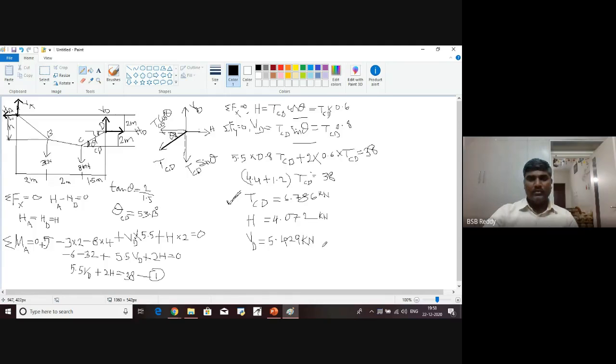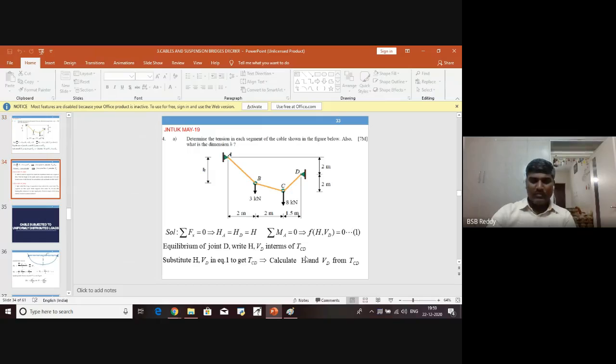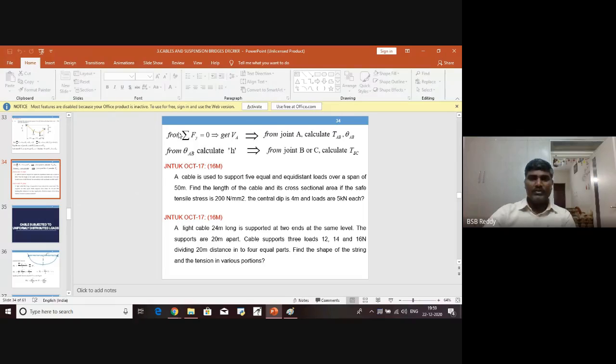Okay, got it? So this is how we get the TCD value, I mean the cable tension in the last segment, and the H value, that is the horizontal reaction at both the supports. HA is equal to HD, and also the vertical reaction at D, we have got it. Then, from the vertical equilibrium, sigma Fy equals 0, we can get VA value. That's very simple, right?